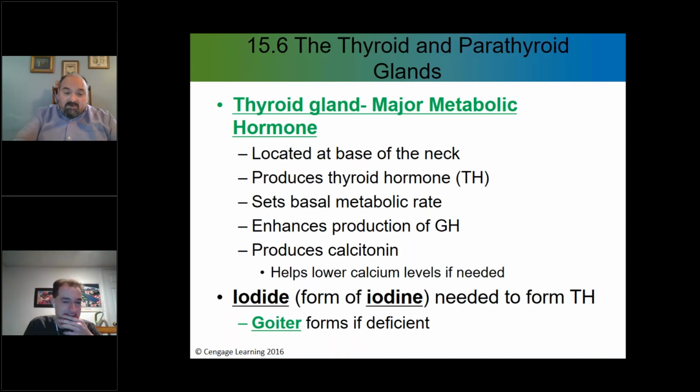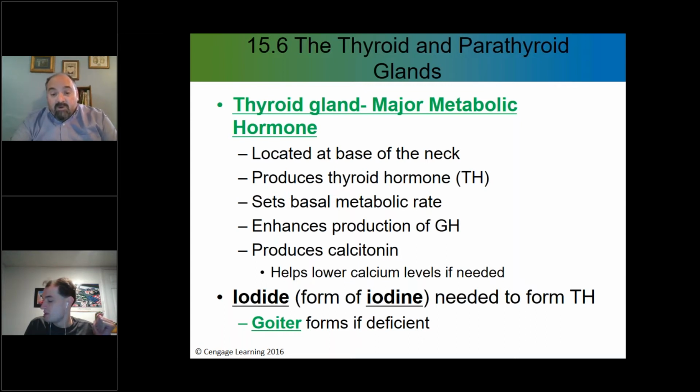Calcitonin lowers blood calcium levels, while PTH, or parathyroid hormone, increases blood calcium levels. Blood calcium levels are important because the function of our nervous system and our muscular system requires calcium ions to be present in order for those systems to function properly.